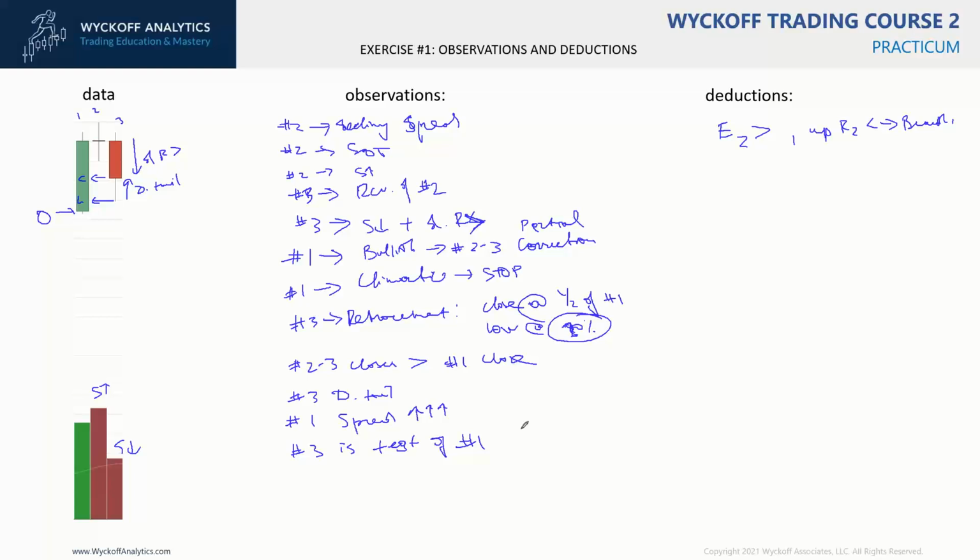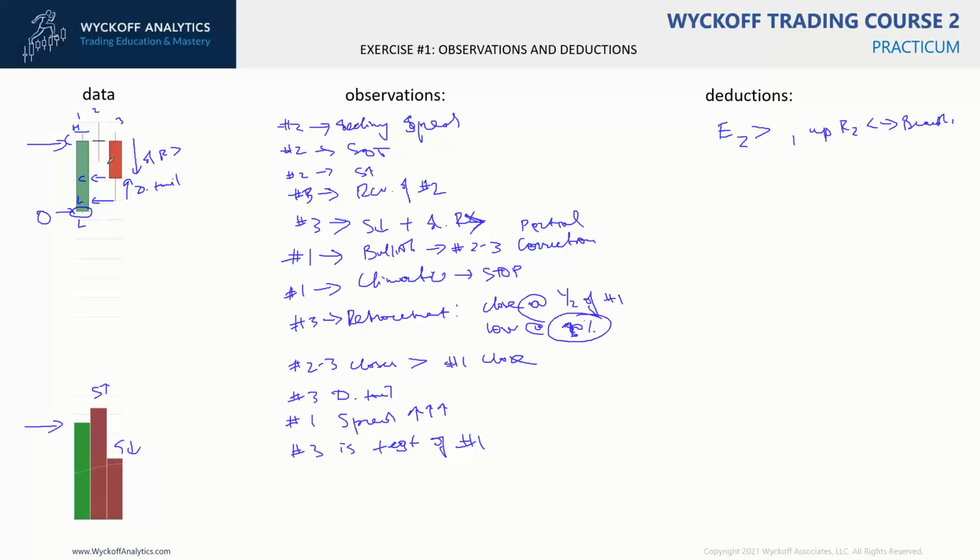Okay, great. So we made quite a lot of observations here, and I must say that this is not all of it. If we would really go into everything so methodically, we would be thinking about the expansion of the effort with the expansion of the result on bar number 1, the ability of the open and the low to interact with each other, the ability of the close and the high to interact with each other. Also, those are pieces of information, right?